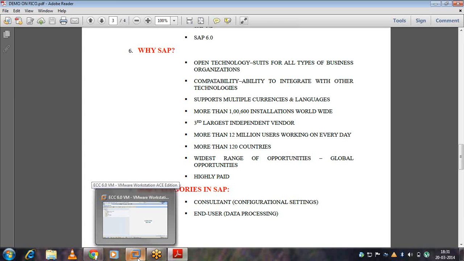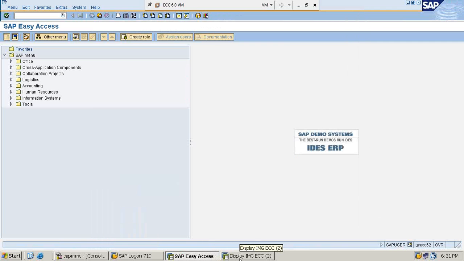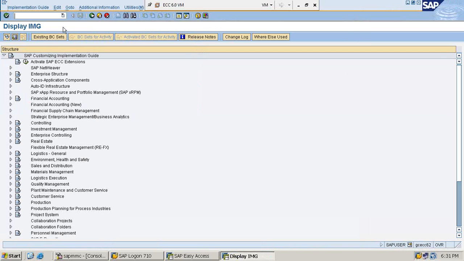The consultant will do all those settings in the screen called IMG screen, which you are seeing right now on your screen. Display IMG. This is the screen which is used by the consultants to do the back-end settings.